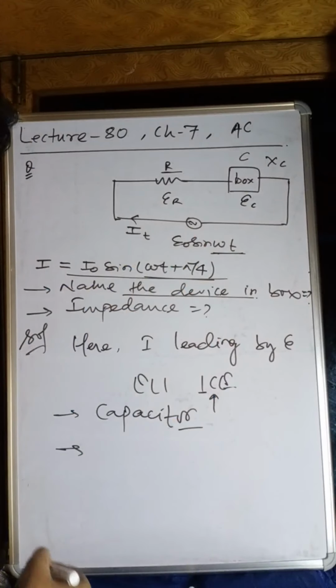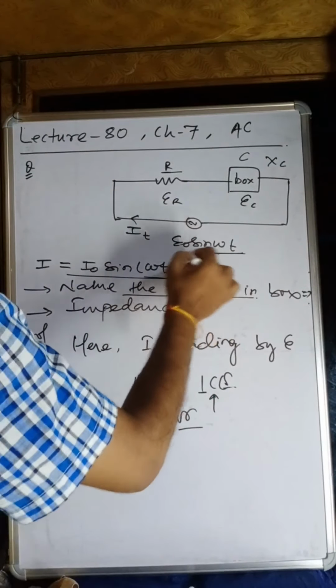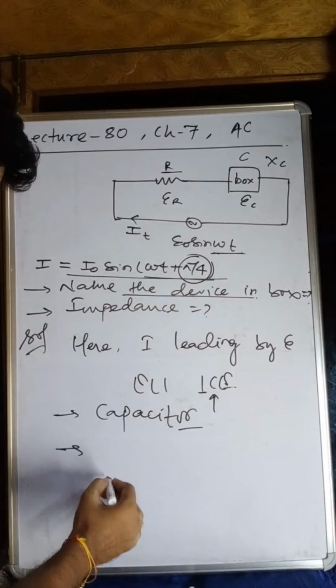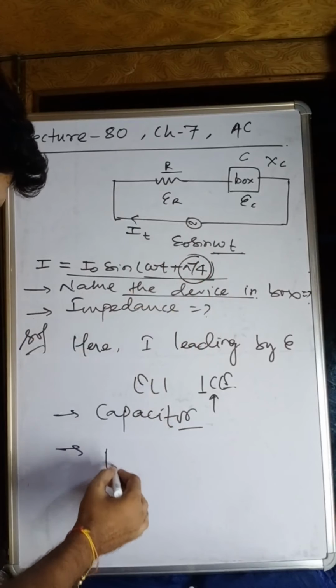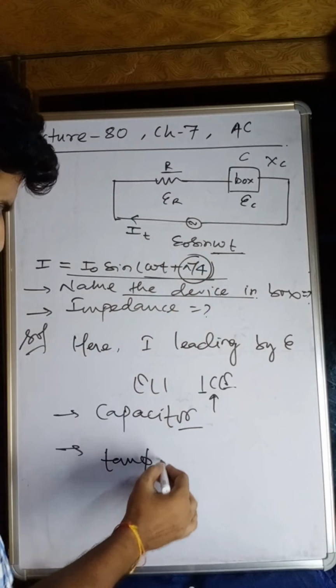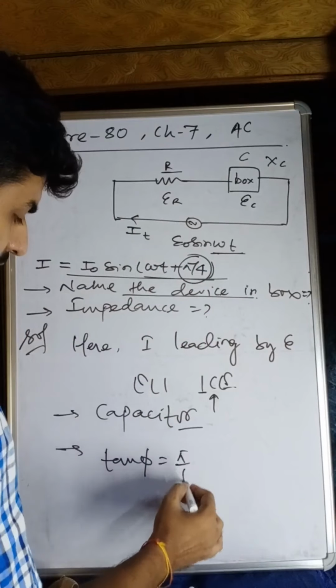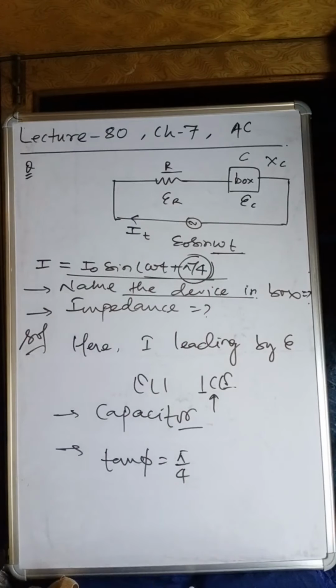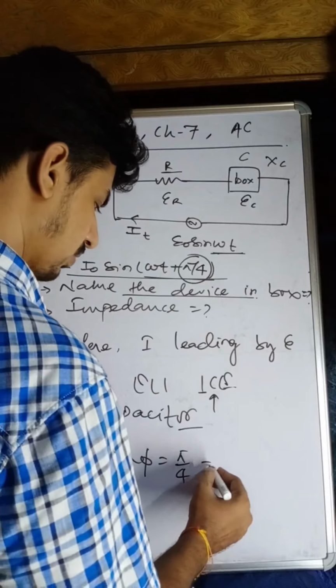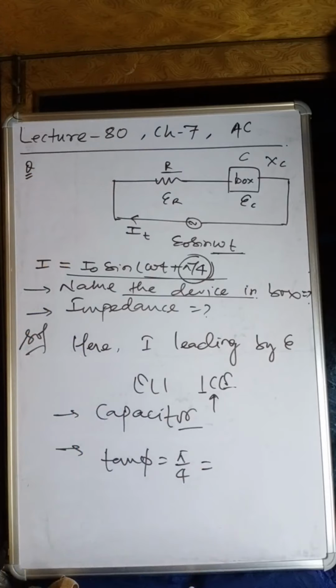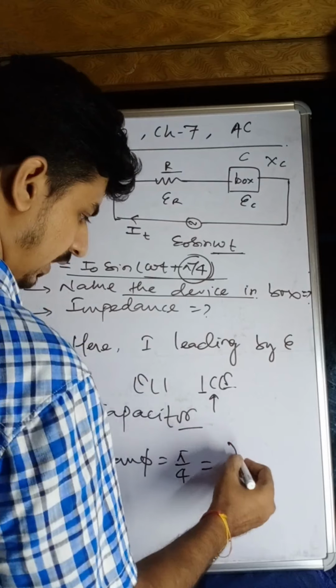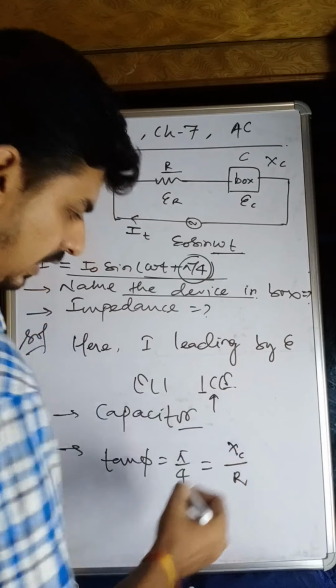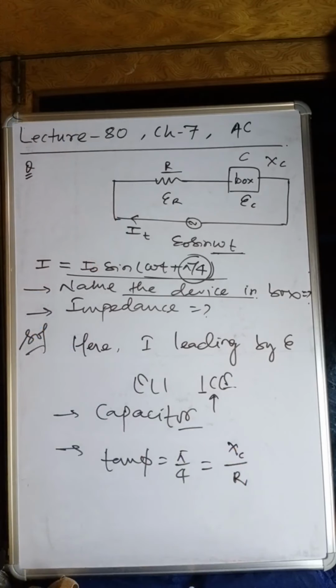Now, as we have the phase pi by 4, we can write tan phi equals pi by 4, and we know that tan phi is XC over R. Hope you understand, my dear students.